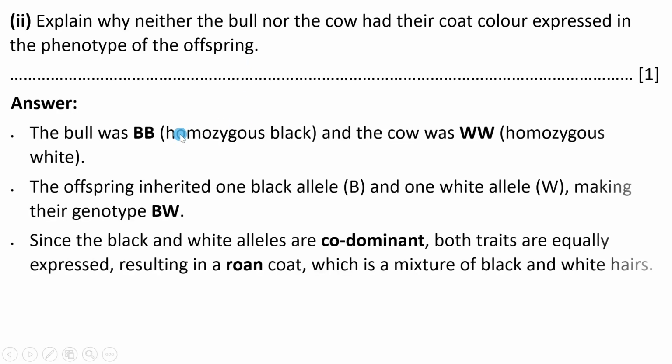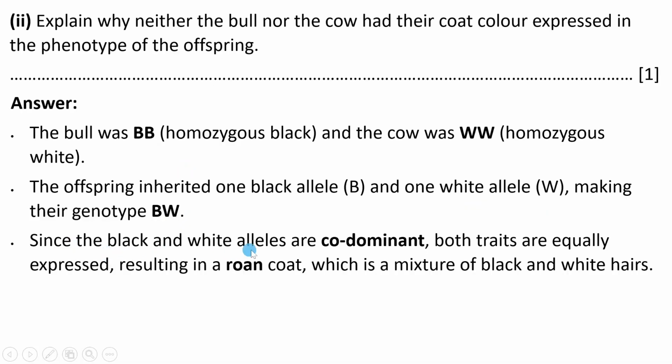So in answering, we are going to say the bull was BB, homozygous black, and the cow was WW, homozygous white. Okay, so the offspring inherited one black allele from there and one white allele, making their genotype BW.